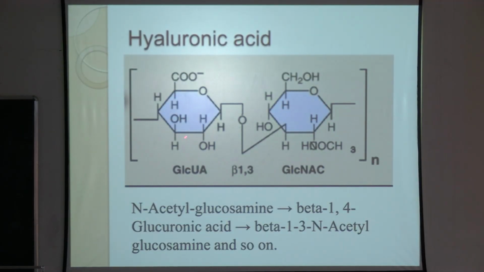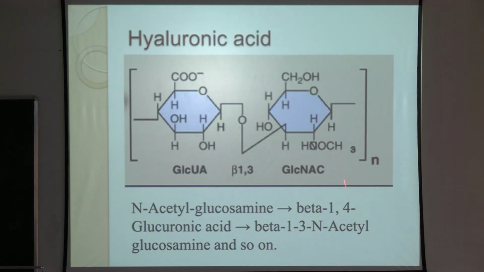So this is the structure of hyaluronic acid. This is glucuronic acid, with N-acetyl glucosamine. Detailed structure of hyaluronic acid: the repeating sequence of glucuronic acid and N-acetyl glucosamine connected by beta 1,3.